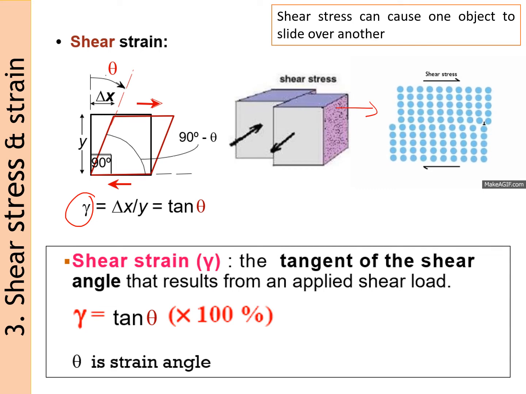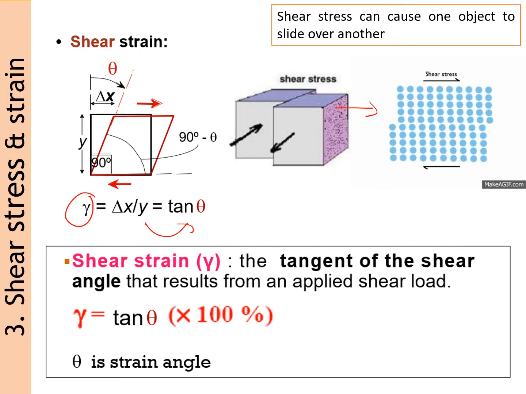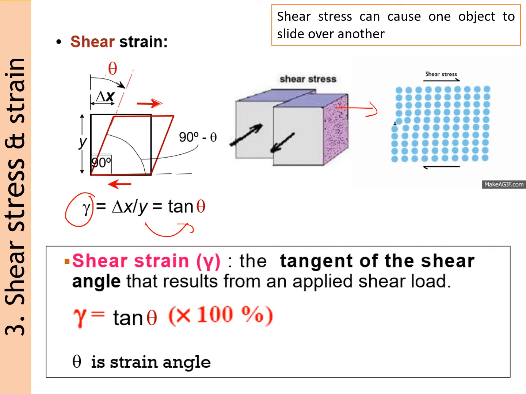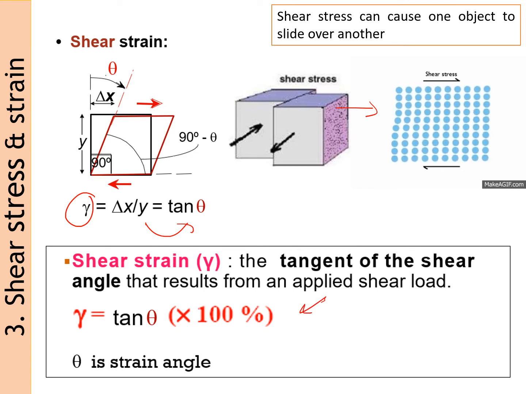The formula to calculate it is tan theta, which is the distance x divided by the distance along the y-axis. So the shear strain is the tangent of the shear angle that results from the applied shear load, gamma equal to tan theta, expressed as a percentage. We call theta the strain angle.